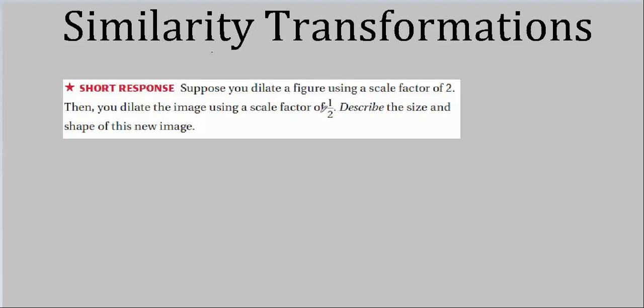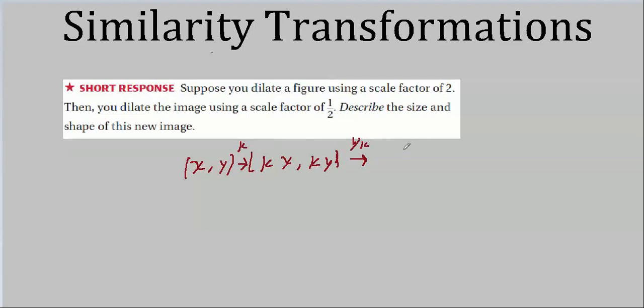Let's not even work it out with 2 and 1/2. Let's try k and 1 over k. So we first apply our transformation, which we know can be represented as k times x and k times y. Now we apply our next transformation. This transformation is our k transformation. What about 1 over k? If we apply it to this, what do we get?